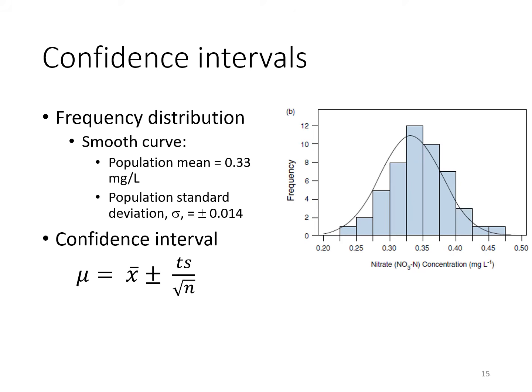So from that, we can get a confidence interval. The problem is that we don't have the true mean. We don't have the true variance. So we need to use a statistical test. And what we will typically do is use the student t-test.